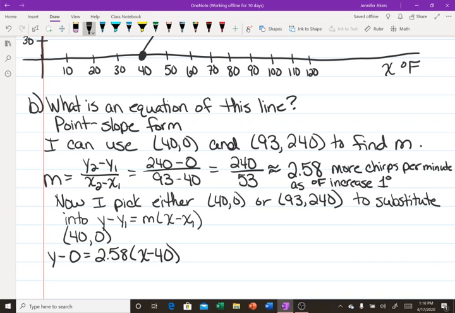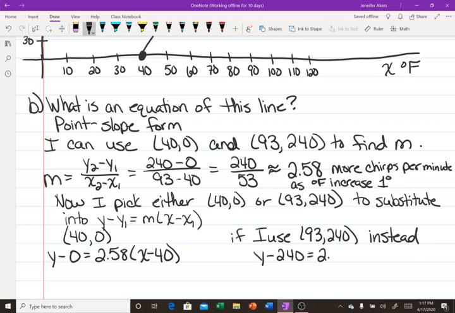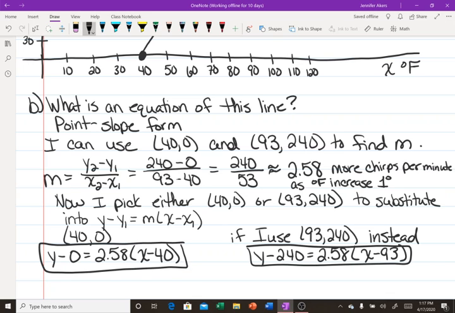If I use 93, 240 instead, I'm going to have y minus 240 equals 2.58 times the quantity x minus 93. Both of these equations are correct.